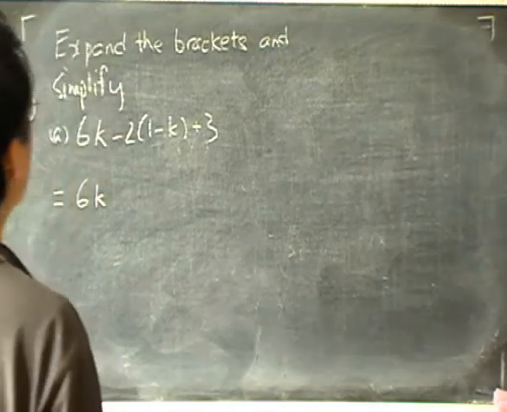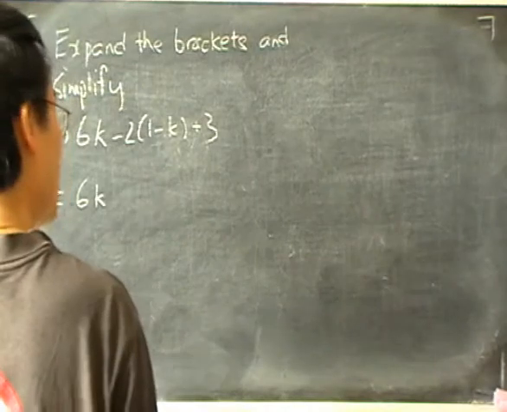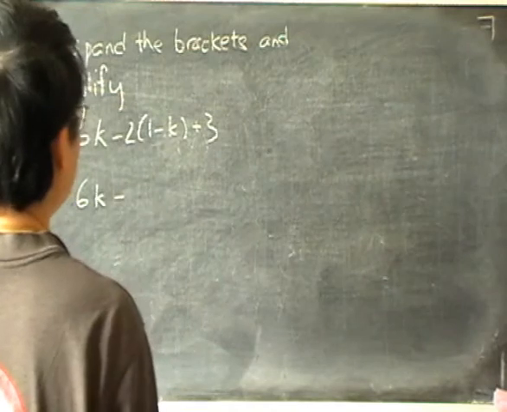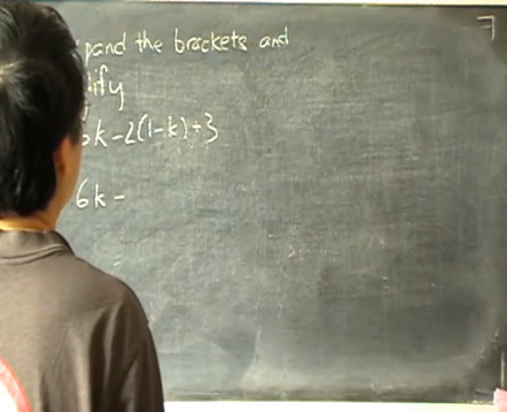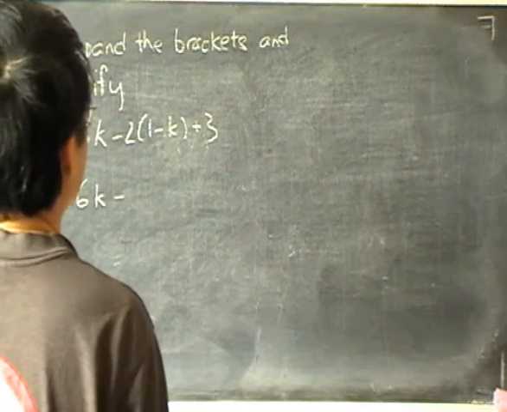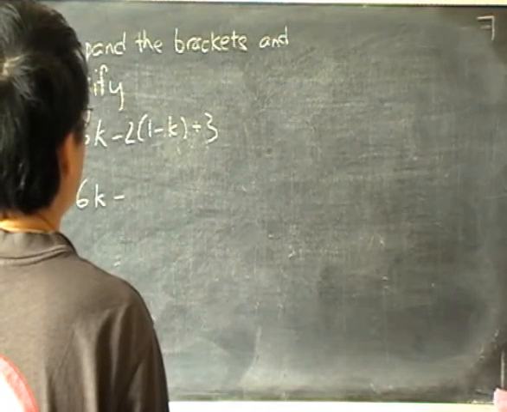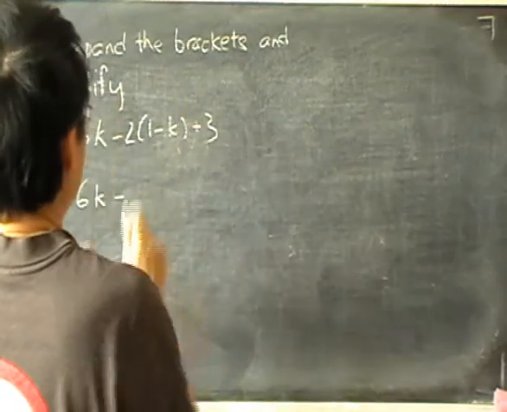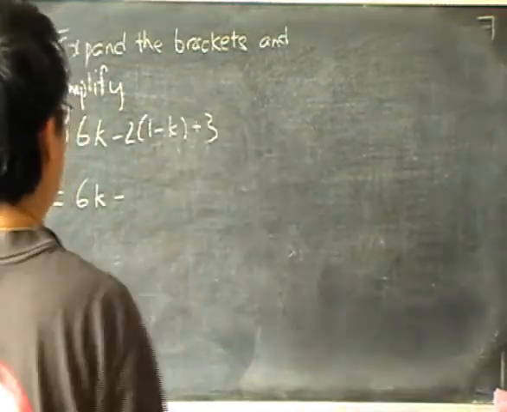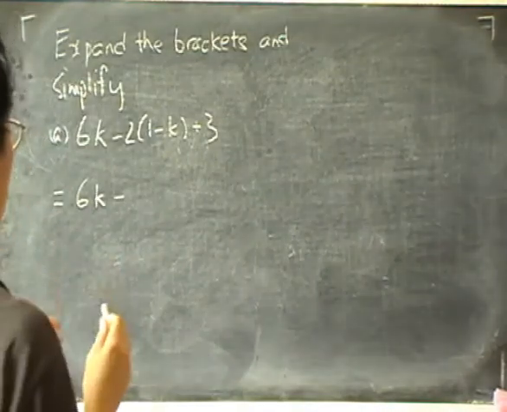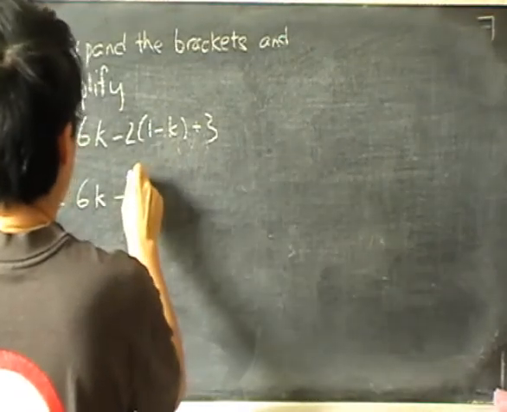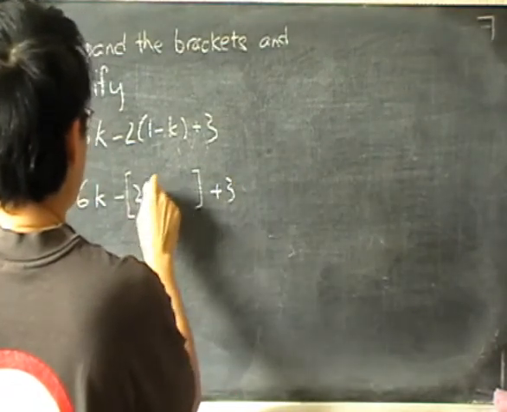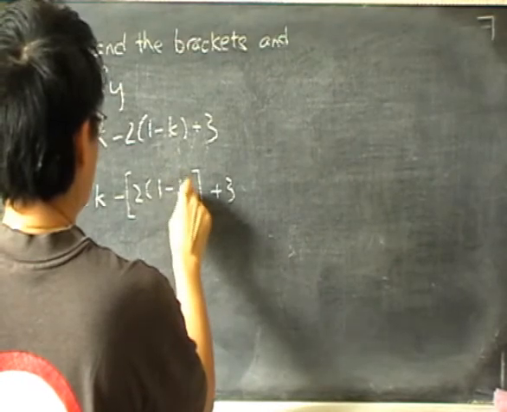Right. Let me do it one step at a time. I have a minus there, and I will be careful to concentrate on just this part of the expression to get it right first. So I'm going to put a big bracket around this minus 2 of 1 minus k.